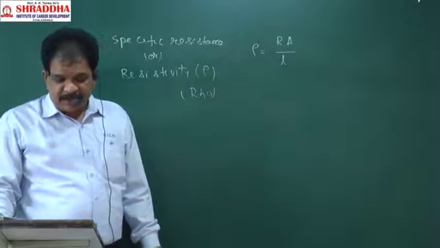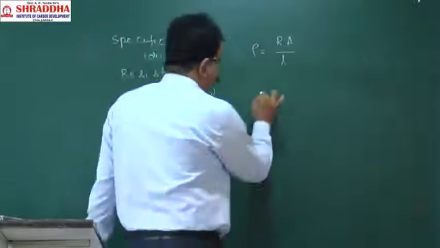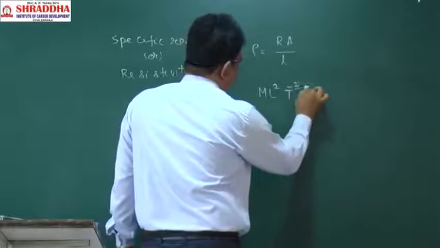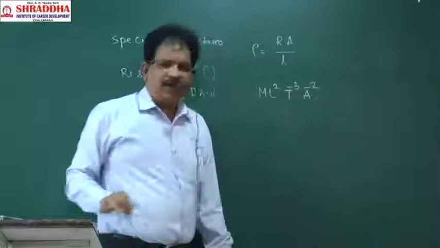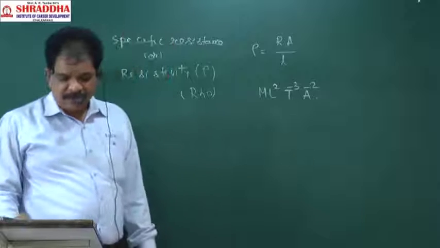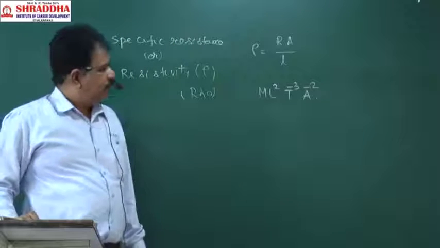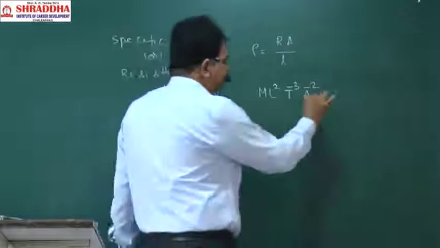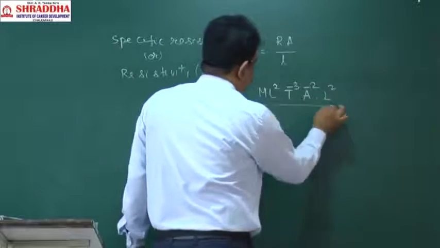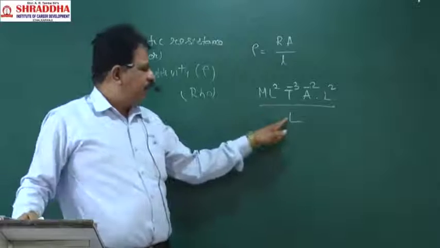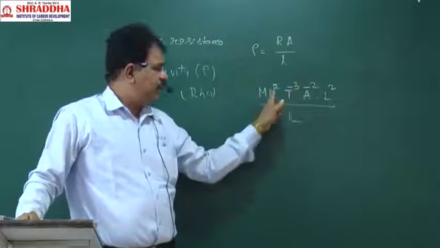The resistance dimensional formula is M L square T power minus 3 A power minus 2. That is the dimensional formula of resistance. And the area will be L square, and the length will be L. One L will cancel.